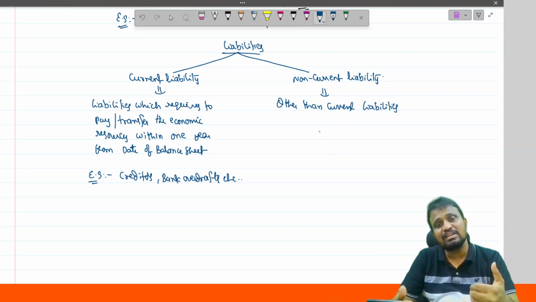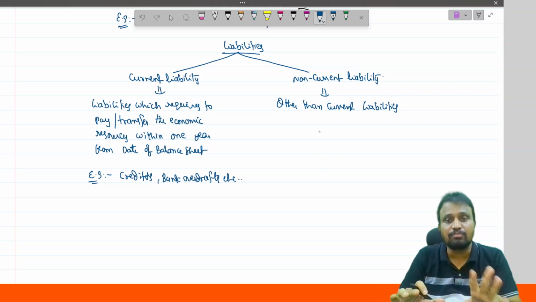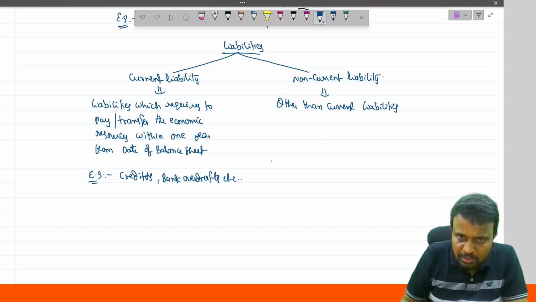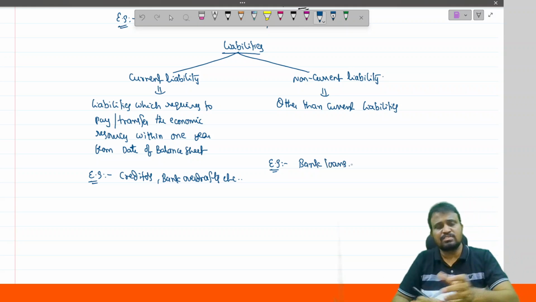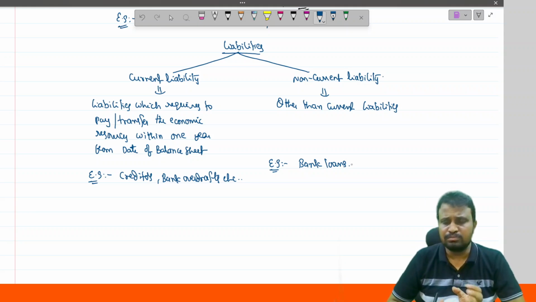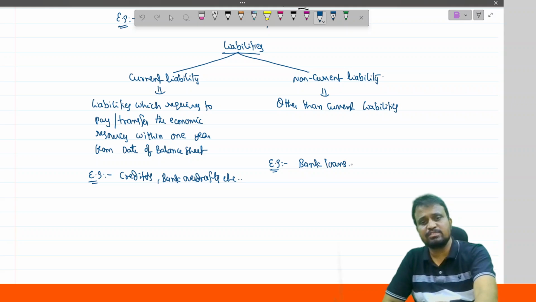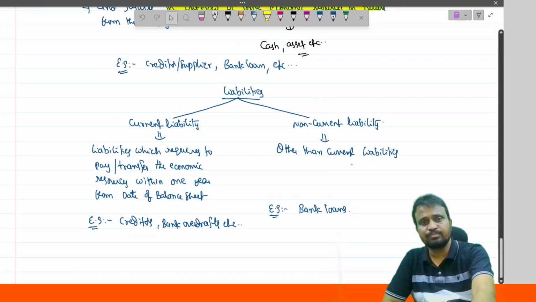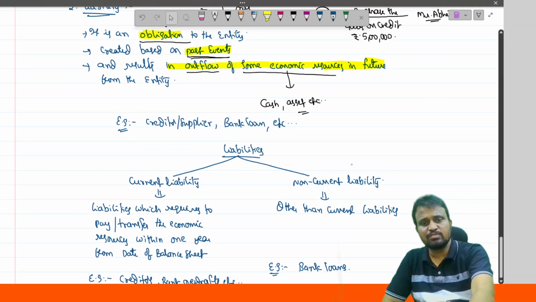Simply said, other than current liability, not required to pay within 1 year. Example, bank loans. The best example is bank loans. Generally, we take a bank loan for a period more than 1 year, so those are generally classified under non-current liability.